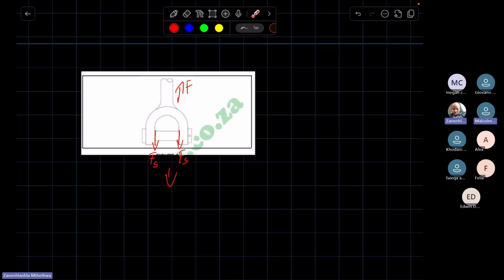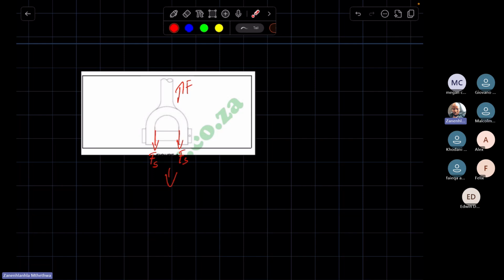Let's say we have a hook and the pin is pulling down. That means the Fs are going to go up. The pins always go against the tension or the force on the rope.